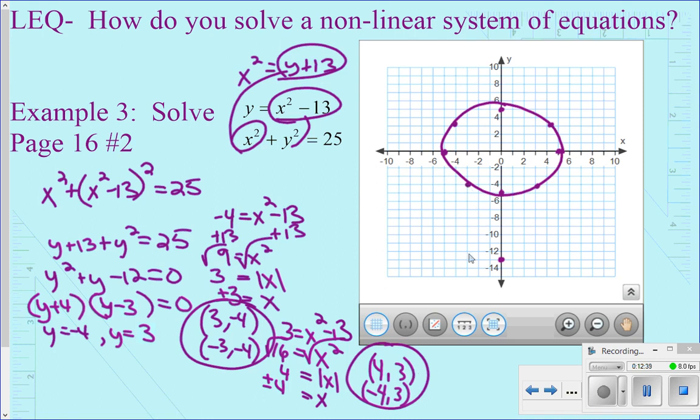So now I have those 4 points and my vertex, and I can easily draw my parabola. So intersection points 3, -4, and -3, -4, 4, 3, and -4, 3. And those are my solutions, both graphically and algebraically.